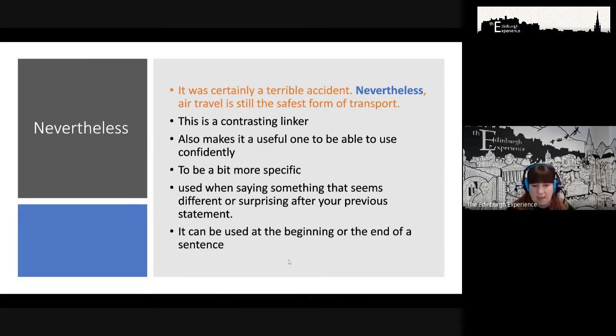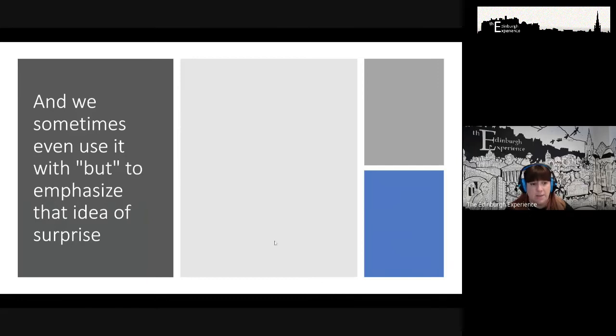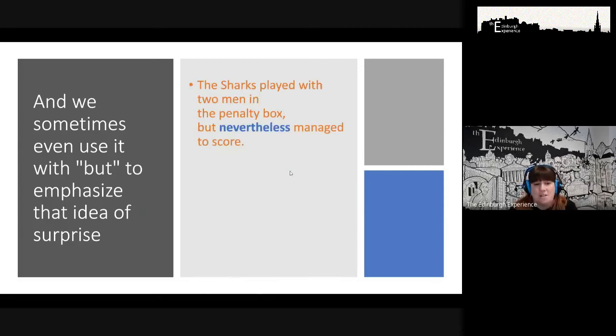Nevertheless can be at the beginning or at the end of a sentence, okay? And sometimes you'll see it used with the word but. And when the two of them are combined, that's where it's really being used for emphasis. So for example, the Sharks played with 2 men in the penalty box, but nevertheless managed to score. Okay, I could take that nevertheless out of the sentence, it would still make sense.